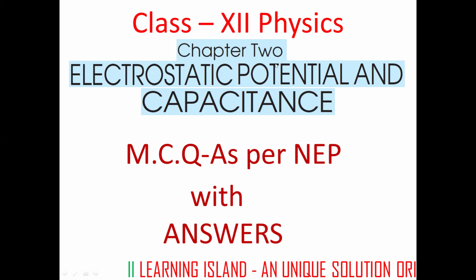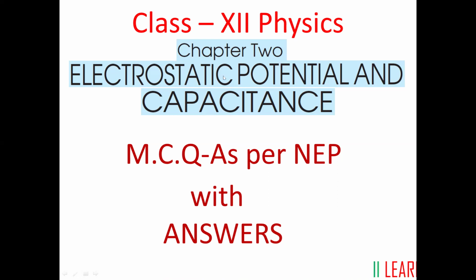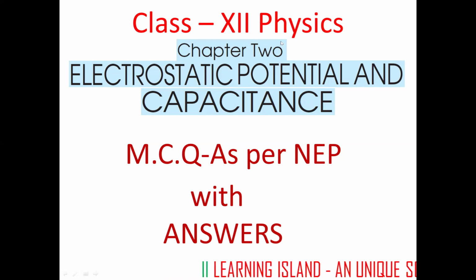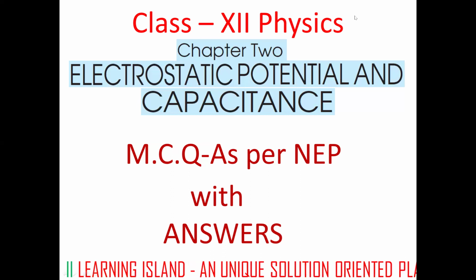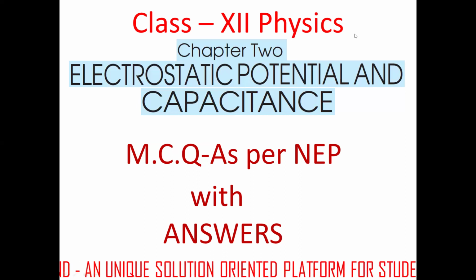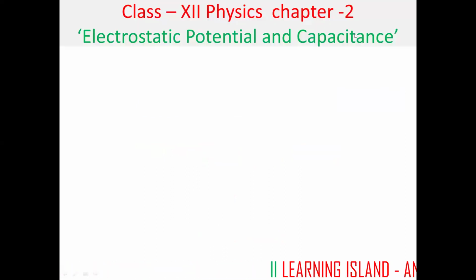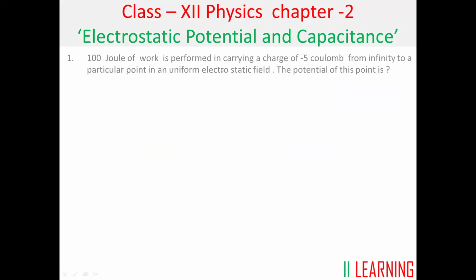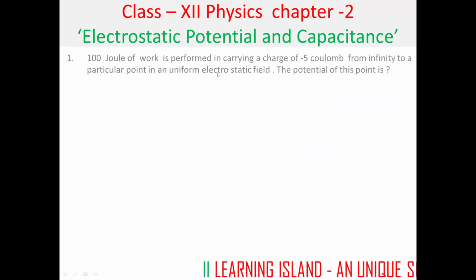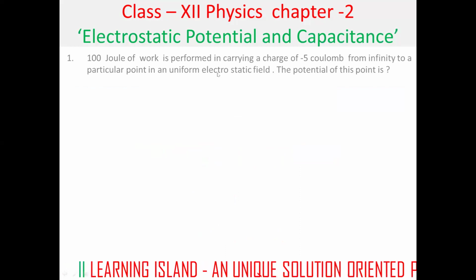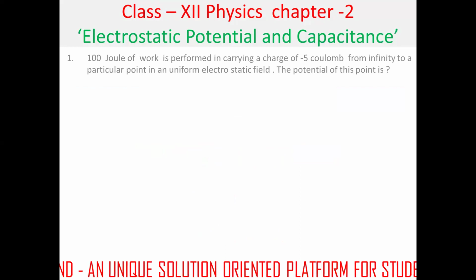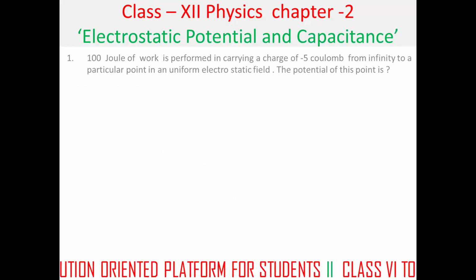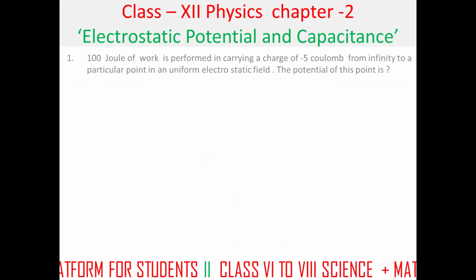Let us start without any delay. Okay, so the first question is: 100 joule of work is performed in carrying a charge of 5 coulombs from infinity to a particular point in a uniform electrostatic field.